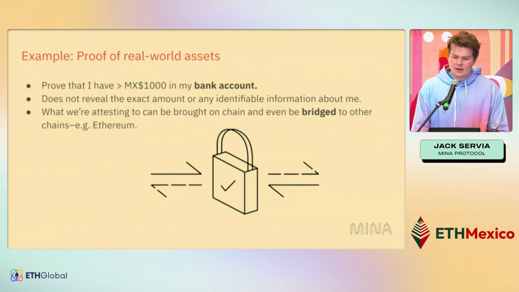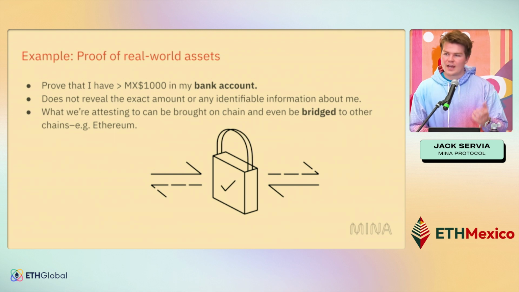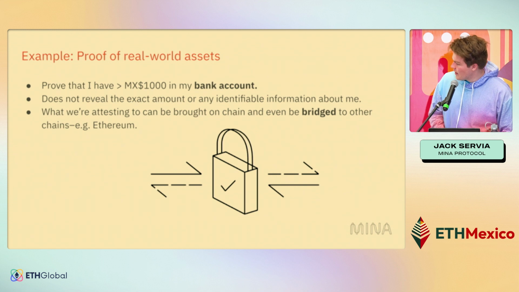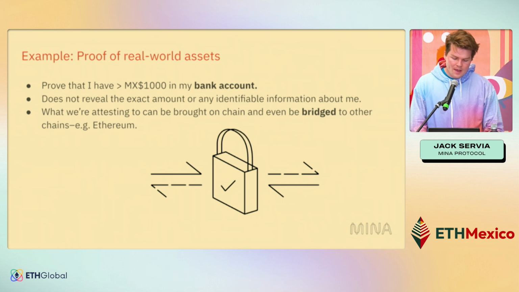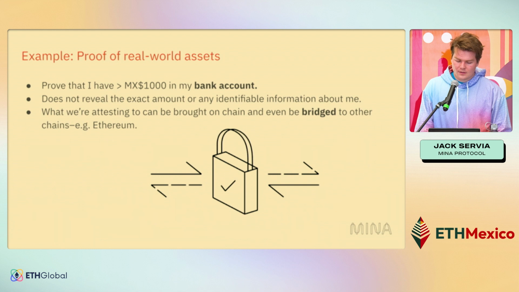And then we create a zero knowledge proof of this, so that this proof is non-interactive and you can just put it on chain. So let's say I want to prove that I have more than 1,000 pesos in my bank account. First I can prove that I went to my bank account's website and that it sent me this page. This page has all my information, and we don't want to reveal that, because it would make it really easy to steal our identity. So then we can take this proof and prove about it just that our account balance is greater than 1,000 pesos.